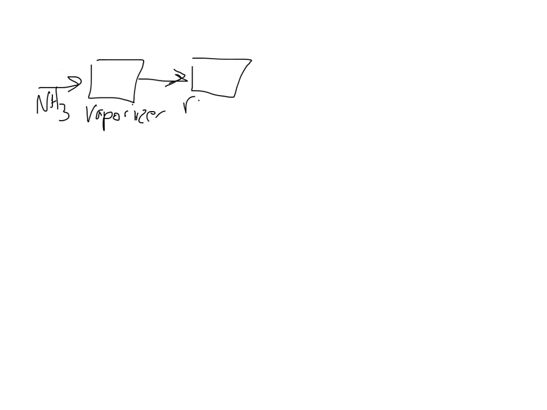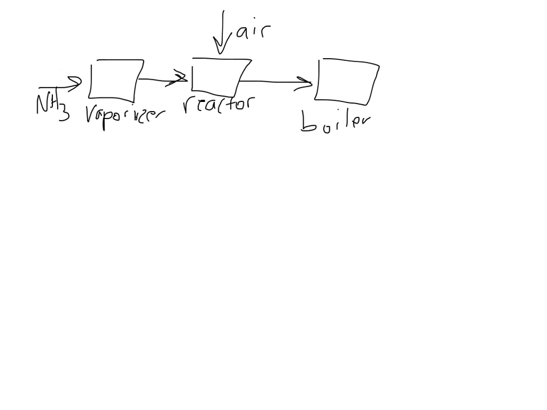Let's go through another quick example where we have NH3 going through a vaporizer, which is going to a reactor where it's mixed with air. It's going to a boiler where we heat it up, and then we might send it to a cooler.